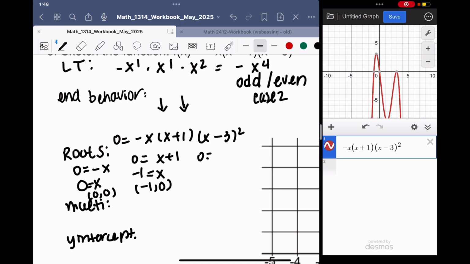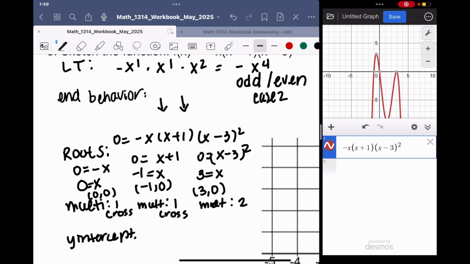And then 0 equals x minus 3, all of that squared, so x equals 3, or 3, 0. The multiplicity of the first zero is going to be 1. The multiplicity of the second zero is also going to be 1, and the multiplicity of the third zero is going to be 2. So these are going to cross, and then touch.